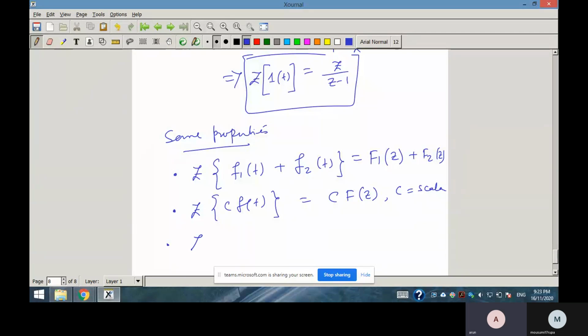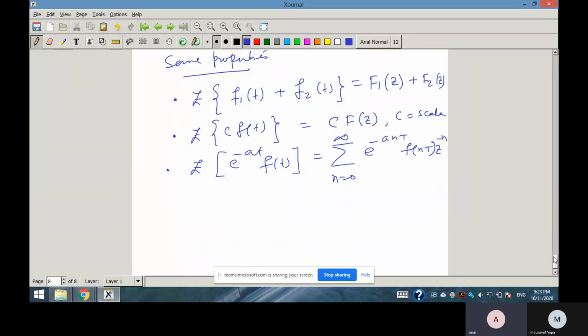Similarly, Z transform of e to the power minus at into ft will be equal to summation of n equal to 0 to infinity e to the power minus anT, putting t equal to nT, f of nT into z to the power of minus n. This is as per definition.